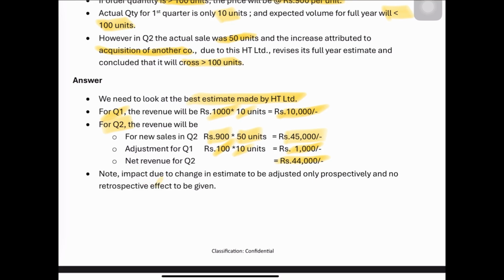The impact due to change in estimate is to be adjusted only prospectively and not retrospectively, which means you don't have to go back and adjust the revenue in Q1, but in Q2 you have to account at 900 and adjust the prior period amount.